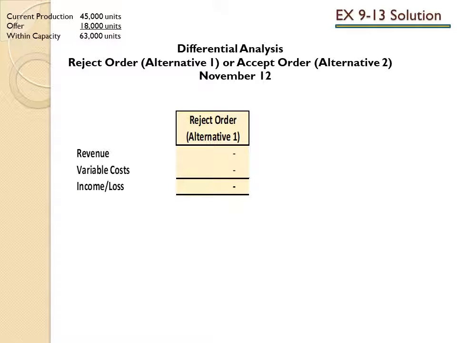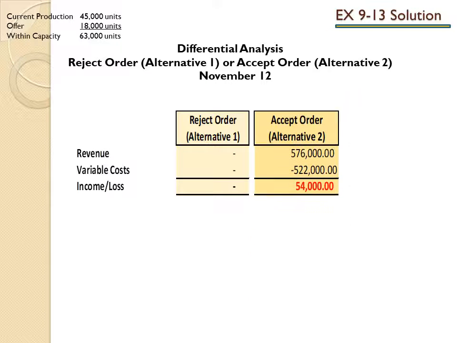Under alternative 1, if we reject the order, we will have no additional revenue and no additional variable costs, as if nothing happens.